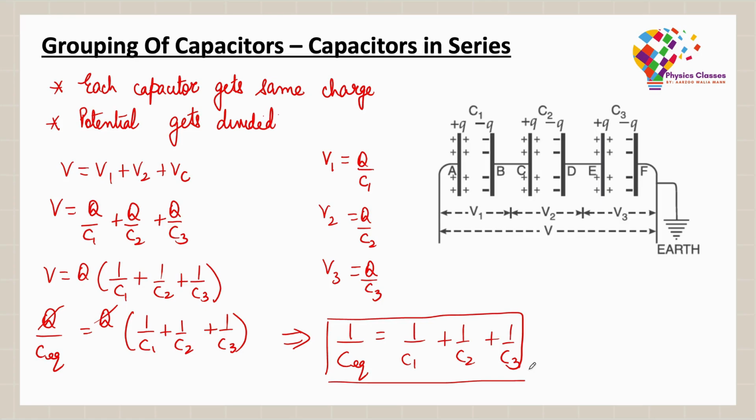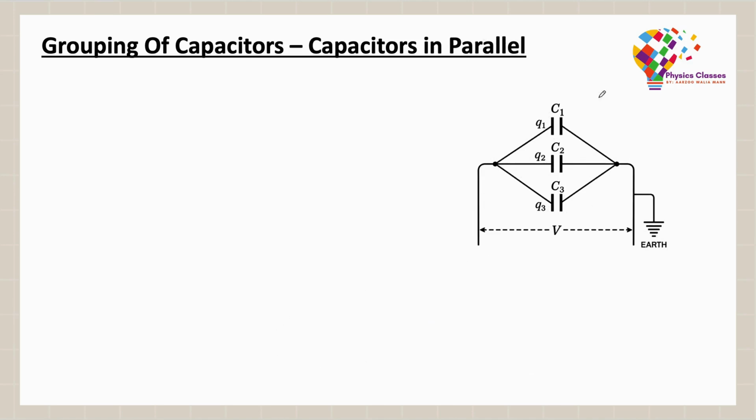Further, let's move on to the capacitors that are connected in parallel. So now over here I have C1, C2 and C3 which are connected in parallel. Now in a parallel circuit, firstly, each capacitor will have the same potential difference because they are connected between the same two points.